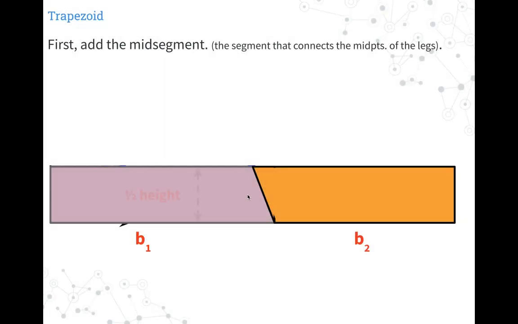So we have this dimension here, and just to recall, the area of a parallelogram is just base times height. So how long is this base? This base is not B1, it's not B2, it's B1 plus B2. So the base, B1 plus B2, times the height, which is 1/2 the height of the original trapezoid.